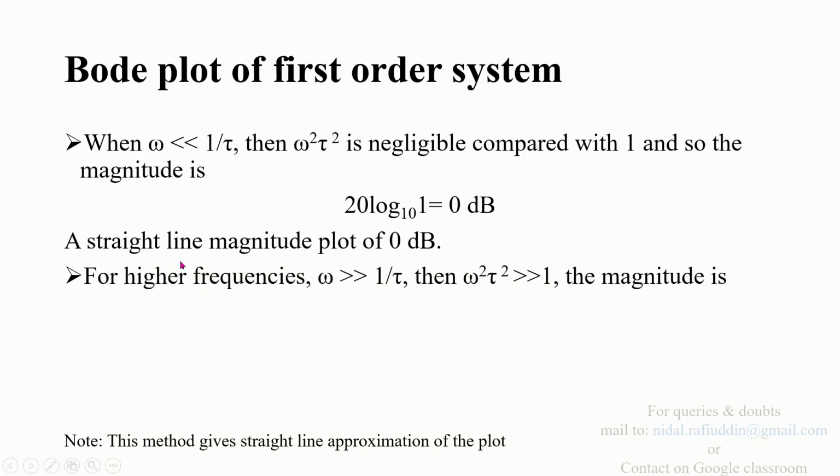Now if we assume frequencies much higher than 1 upon tau, we have omega square tau square much greater than 1. In that case, we assume 1 plus omega square tau square is equal to omega square tau square, and the magnitude will be reduced accordingly.